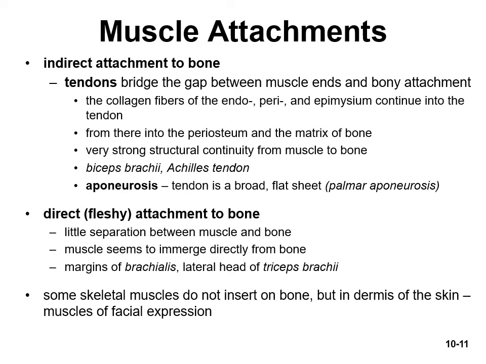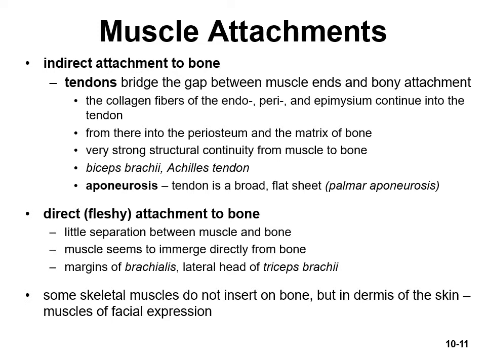The tendon then bridges the gap to the bone, and the connective tissue of the tendon becomes continuous and grades into the periosteum of the bone. So this allows for a very strong structural continuity from the muscle to the bone. It's not three separate parts, it's one blended together part from periosteum to tendon to the endo, peri, and epimysiums of the muscle.